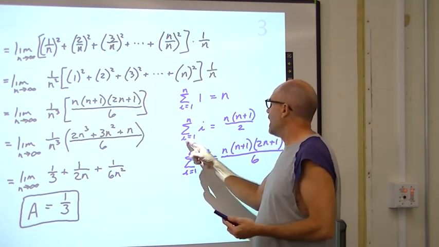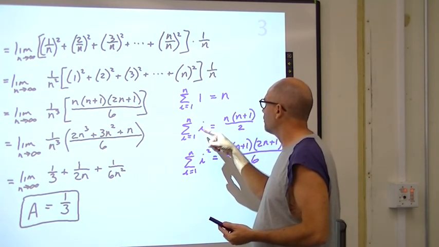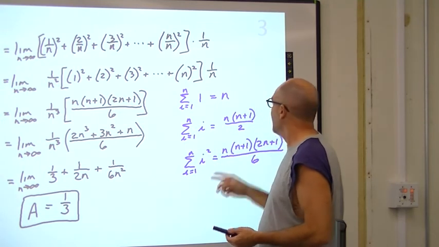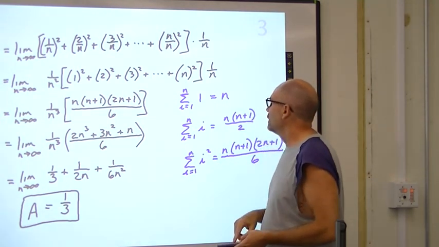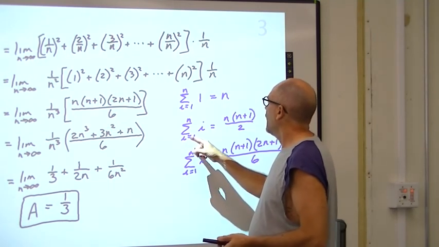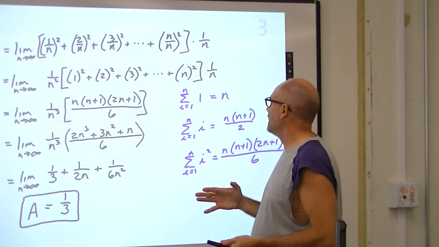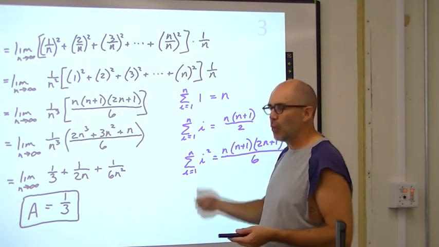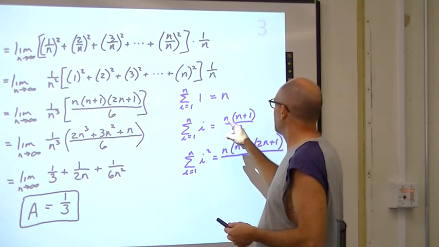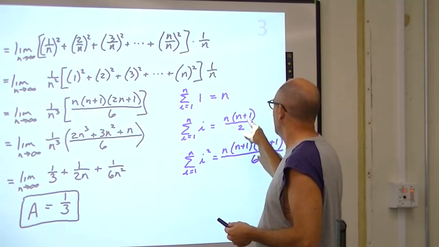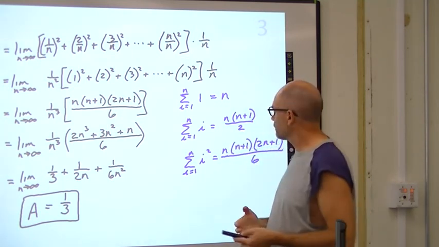Now here I'm adding 1 plus 2 plus 3 plus 4 plus 5 plus 6 all the way up, and that's going to equal n times n plus 1 over 2. So just for example, if I go i equals 1 to n, where let's say n is 10, so 1 plus 2 plus 3 plus 4 plus 5 all the way up to 10, that's going to equal 10 times 11 over 2, which equals 55. Piece of cake.